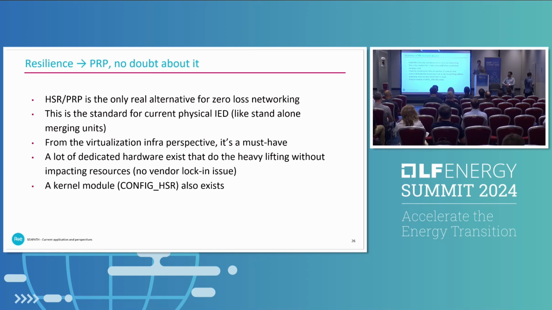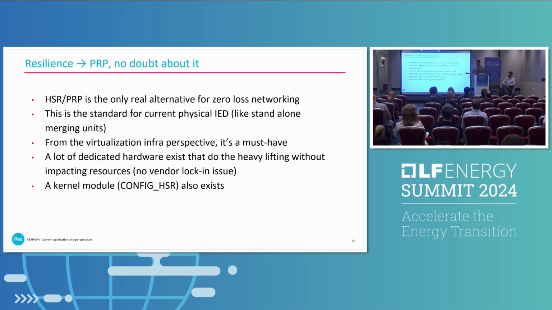A physical IED usually has two network ports, one for LAN A, one for LAN B, and has a PRP adapter or a PRP logic inside to do this deduplication. So even if you try to virtualize this IED, the resilience will probably have to go through PRP. So it's a question of how the IED will deal with that.